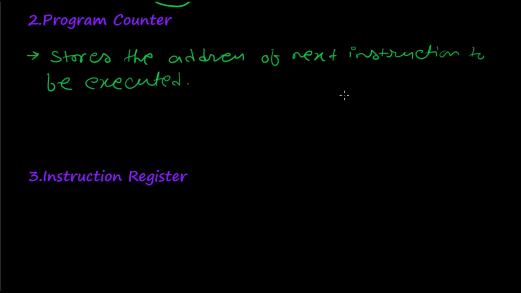Now, you know that a program consists of several instructions, right? Suppose you have a program consisting of 10 instructions. The first instruction, instruction 1, has some address, let's say 200.